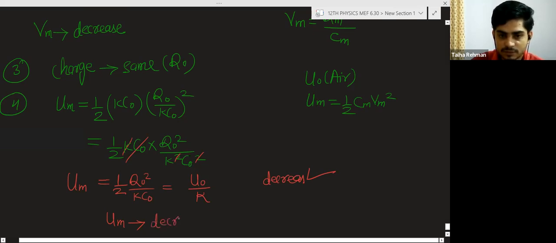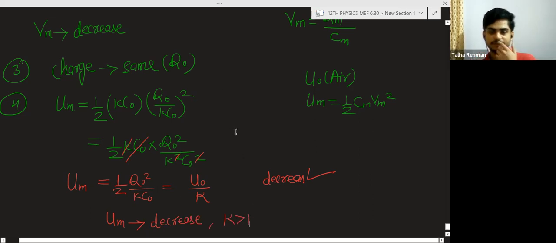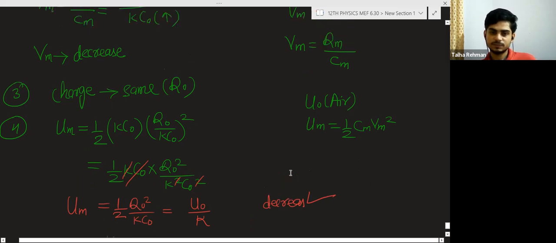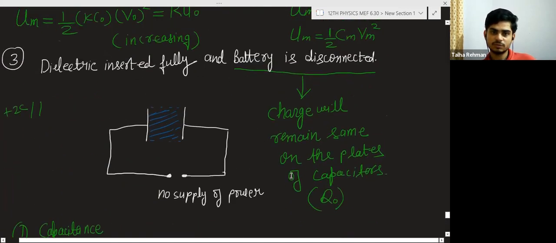Because K is always greater than 1. When we divide, this will decrease. Okay, so please note it down.